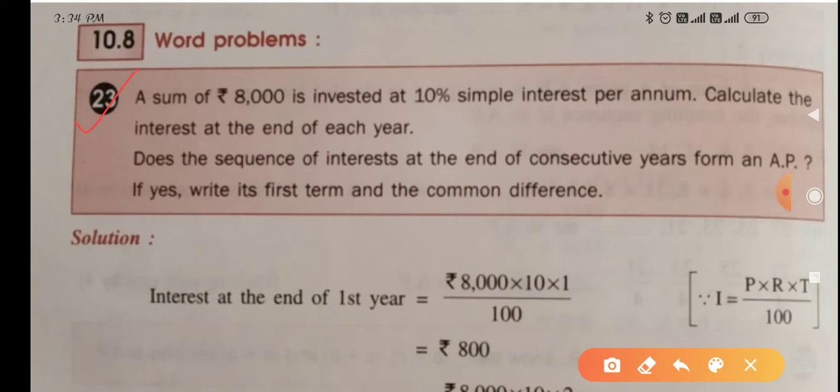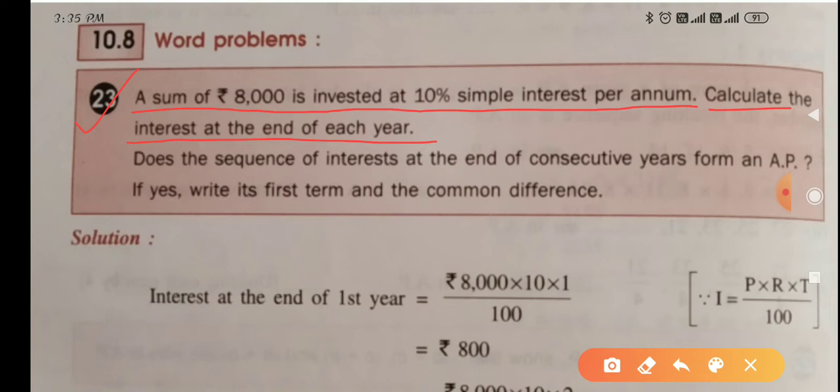Example 23. A sum of rupees 8,000 is invested at 10% simple interest per annum. Calculate the interest at the end of each year. First of all, it is a question of simple interest, and you have studied it in class 7th, 8th, 9th.